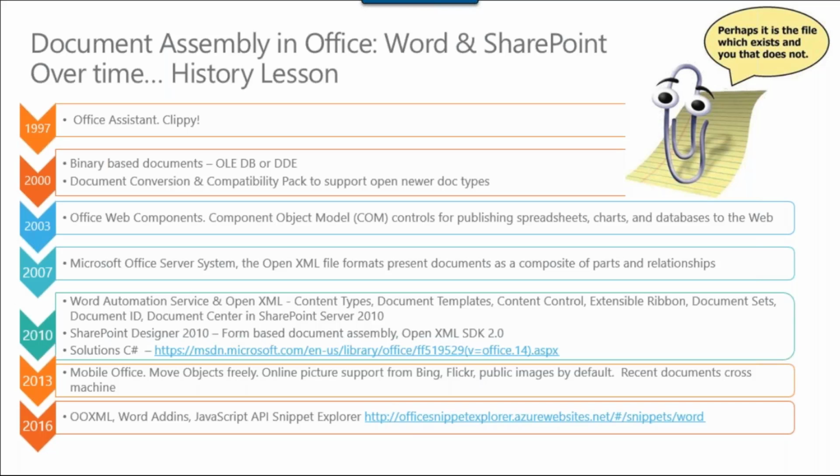And Microsoft, from a SharePoint perspective, they did a bunch with this kind of word automation service. And taking advantage of OpenXML, we had a number of innovations with things like document templates, content types, the extensible ribbon inside of SharePoint, as well as inside of Word, basically at different times. SharePoint got it a little bit later than Word, but we ended up getting this capability of being able to have an extensible ribbon where people could put buttons in there that could do different things to the documents themselves.